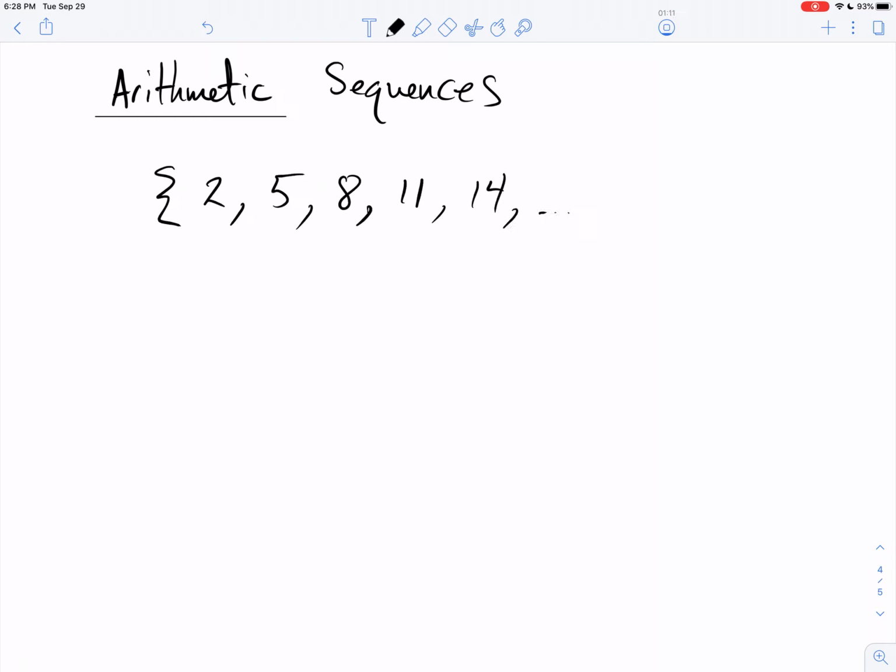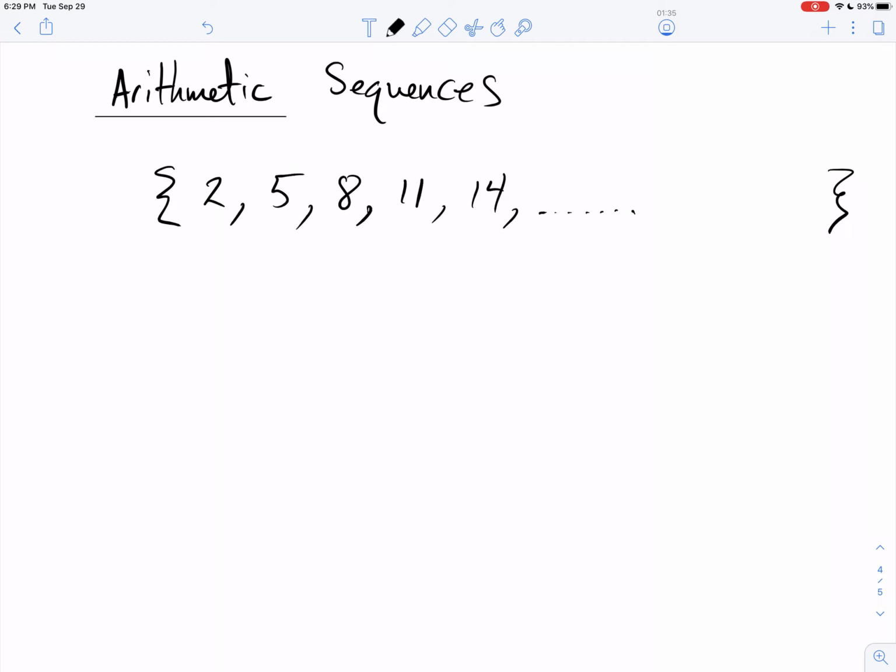In fact, this list could keep going as far as I want it to go. It could stop anywhere I want it to. But it definitely has an arithmetic pattern that is generating it. And eventually I could stop it at any location I want to.